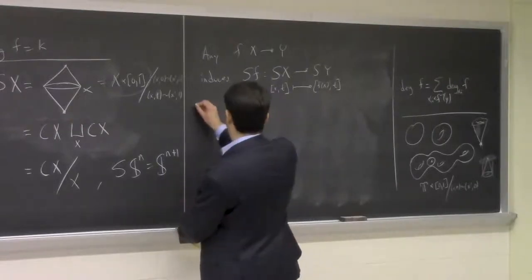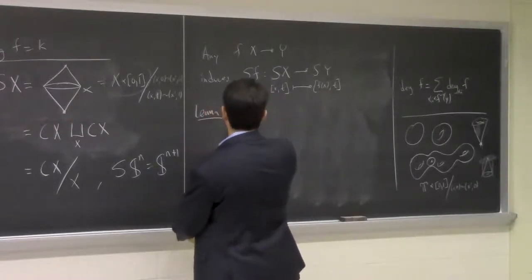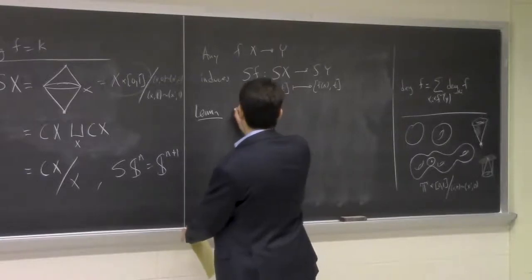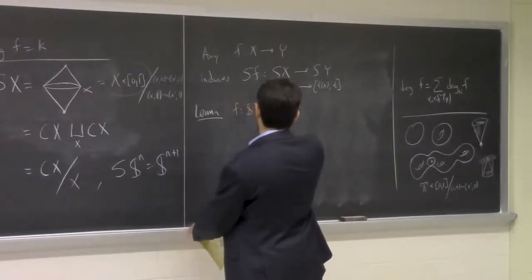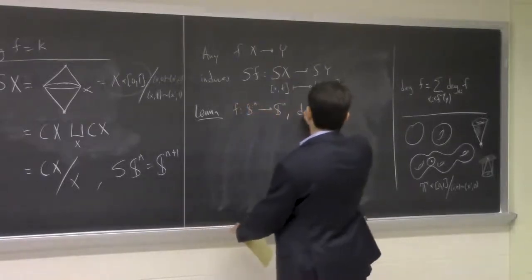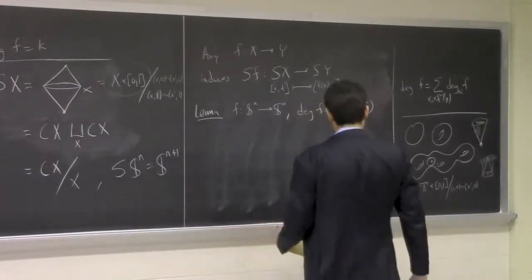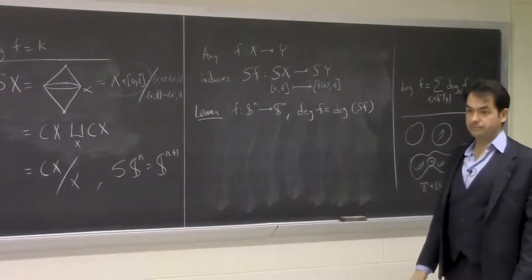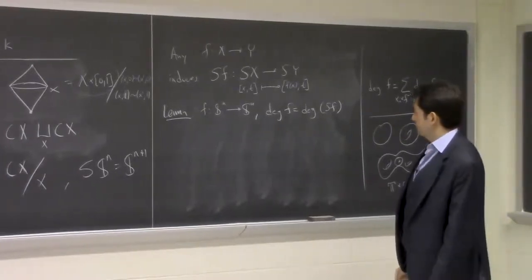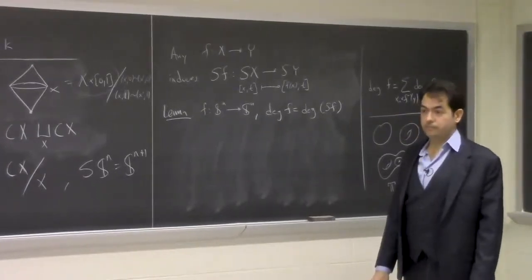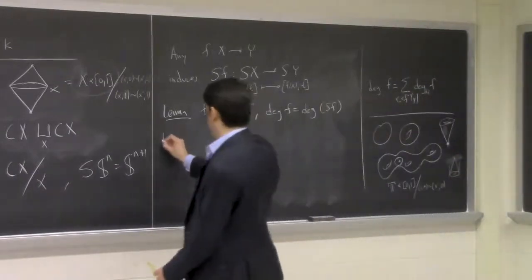Okay, so here's a lemma. If f is a map from Sn to Sn, then the degree of f is equal to the degree of the suspension of f.